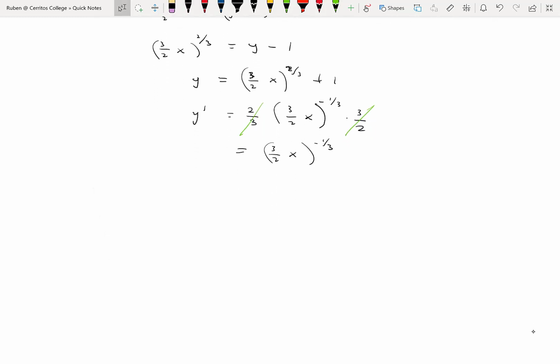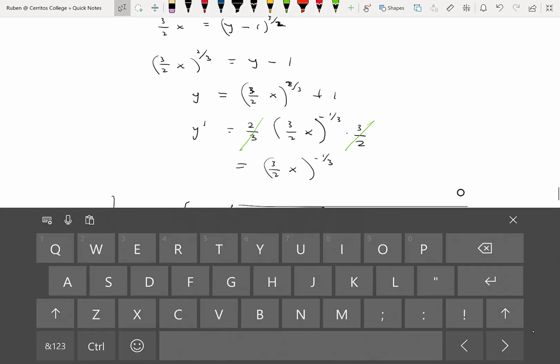Okay, and my arc length then is the integral, and it's not going to be between 2 and 5 because those are y limits. Our arc length will be the integral of the square root of 1 plus y prime squared dx. Well, I suppose we should get our limits of integration now.